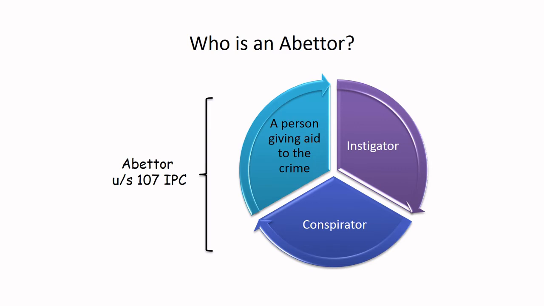Therefore, by virtue of this provision, it is to be understood that the person who abets an offence, who is an abettor, should be either an instigator, a conspirator, or a person who gives aid to the commission of the crime. However, the Indian Penal Code has provided for the definition of abettor in section 108 IPC.